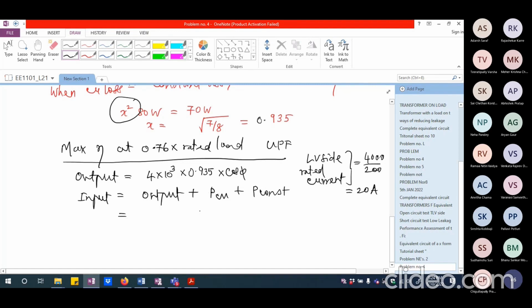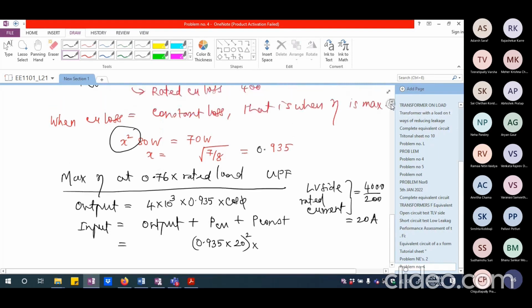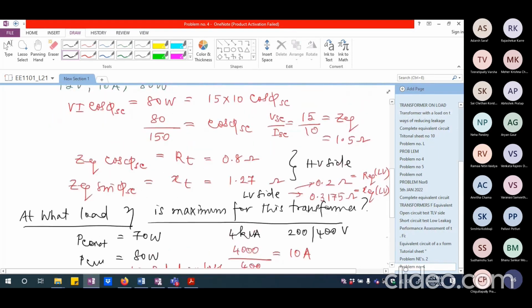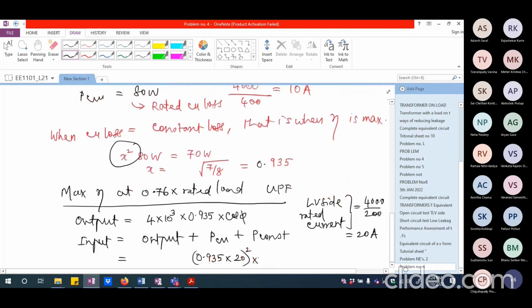If I'm having only 0.935 times full load, I will have 0.935 multiplied by 20, the whole square, multiplied by whatever the R equivalent is. What did we calculate as the R equivalent value? The R equivalent value on the low voltage side is 0.2 ohm. So I have to multiply this by 0.2.